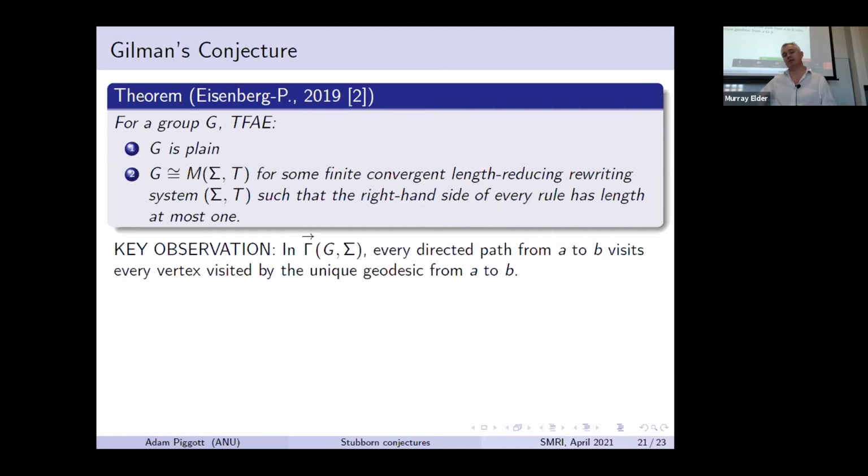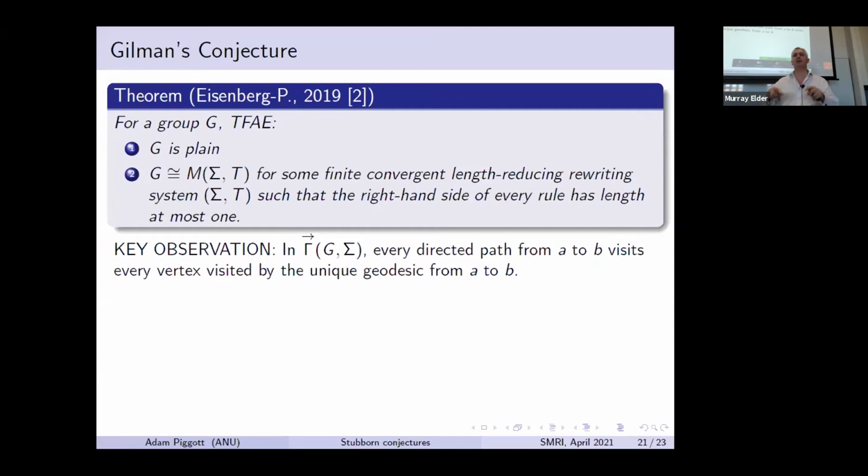And the key observation, if you're interested, and I've put this key observation here because you can see why the proof, whatever proof we came up with, doesn't immediately transfer and just apply to the whole algebraic program. And that is because if you're in this situation with a finite convergent length reducing rewriting system where the right-hand side of every rule has length at most 1, that has the effect that every directed path between two vertices visits every vertex in the unique geodesic between those vertices.